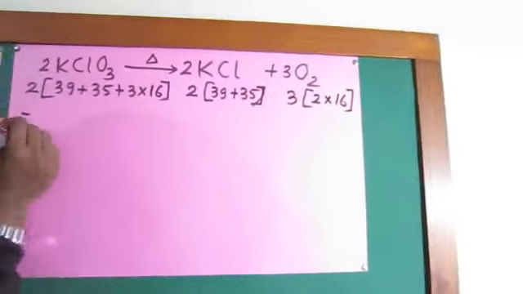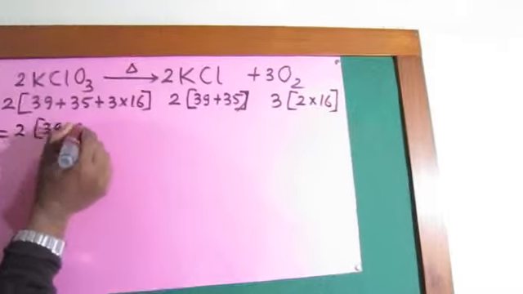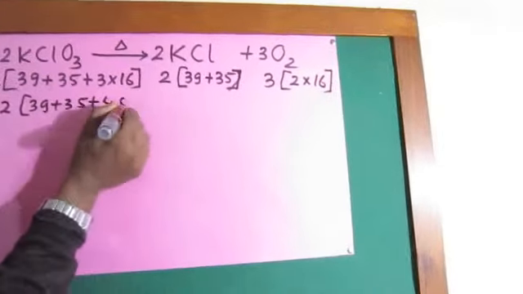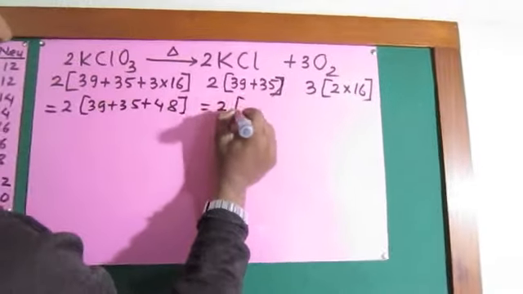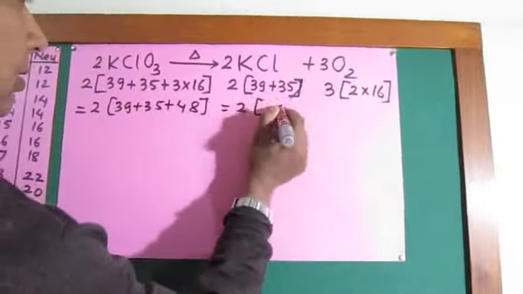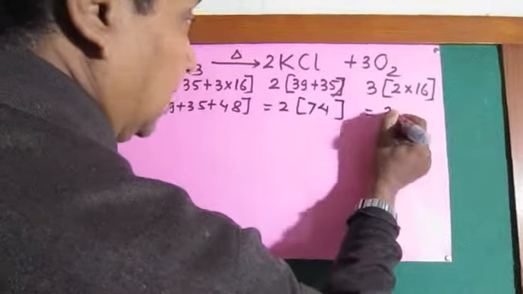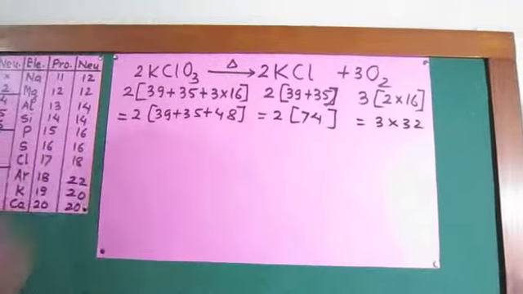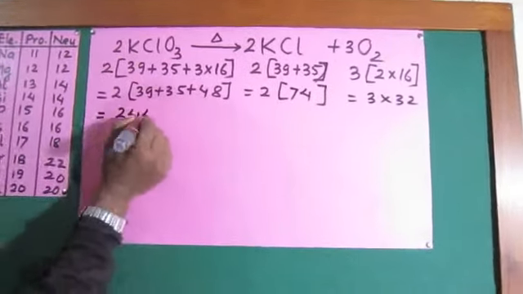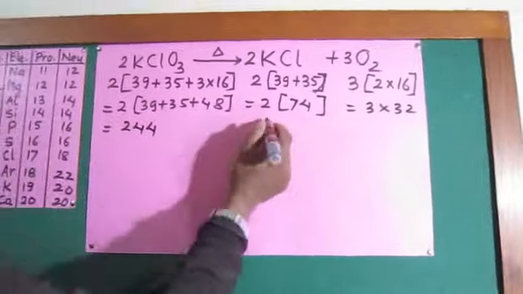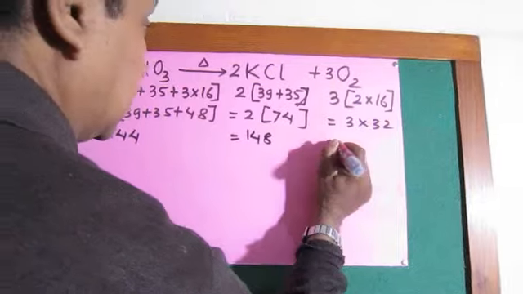Now if we calculate this, 39 plus 35 plus 48, and here it is 2 into 74. This is equal to 3 into 32. Now the final number, if we multiply, is 244, and here it is 148, and here it is 96.